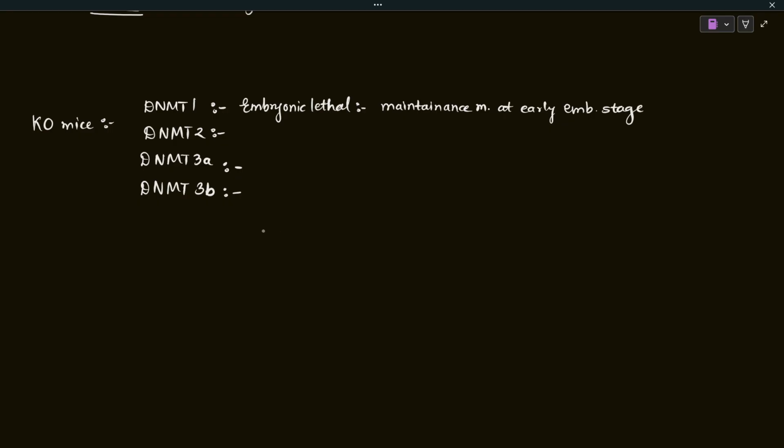Okay, when they studied DNMT2 knockout mice, there was no visible effect. Why? Because obviously it doesn't do DNA methylation, but it actually methylates tRNA. So this validates the idea that it is an RNA methyltransferase, right?